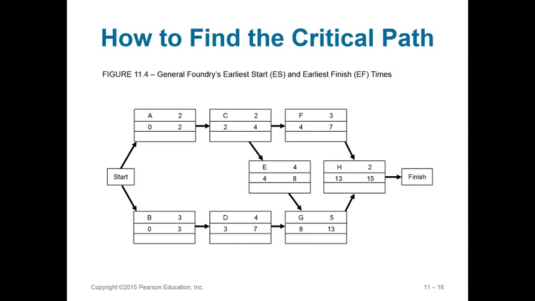E then is another 4 weeks, or it takes 8 weeks before G can start, whereas B and D only take 7 weeks. So while A and C took only 4 weeks, you then have to add the E in there, the 4 weeks for E, and that makes it the critical path, because you could delay B or D a week, and still make G start on time at the 8th week.